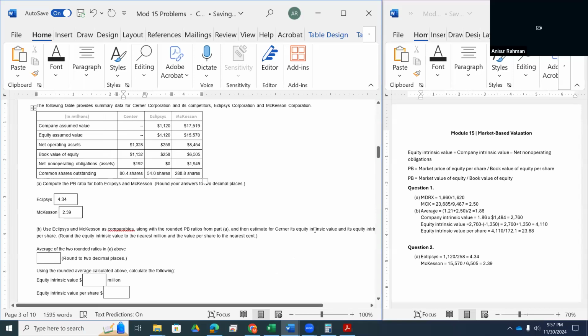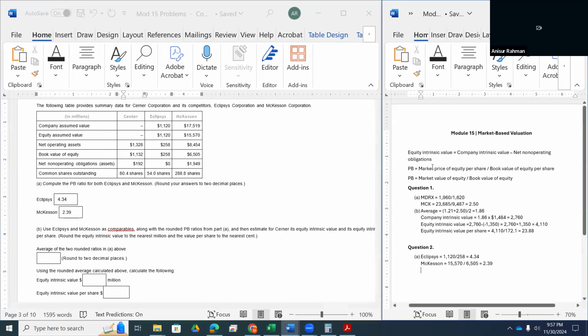So compared to the previous question, this question is not asking for company intrinsic value. It is directly asking for equity intrinsic value, because when we calculate PB ratio, we are using information related to only equity.